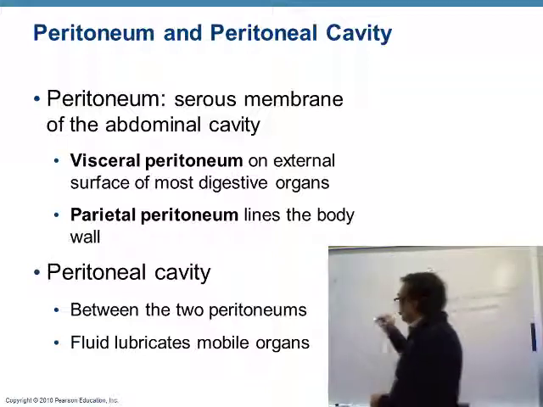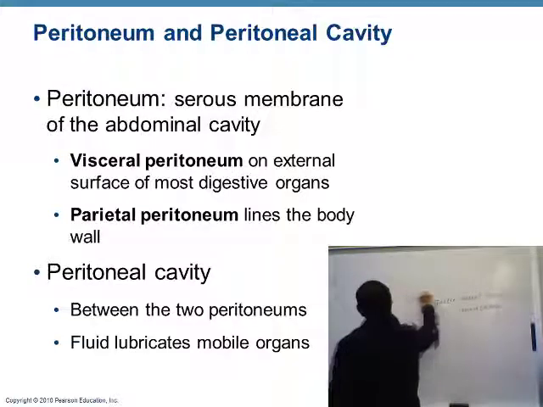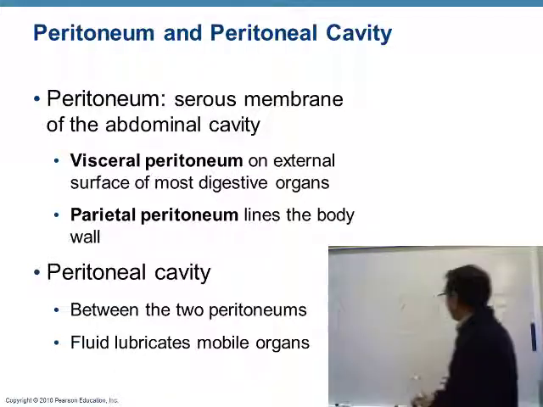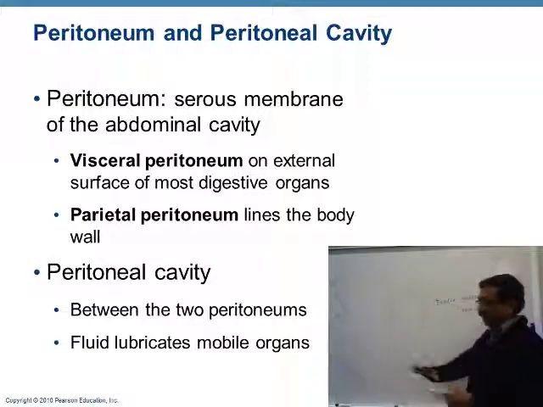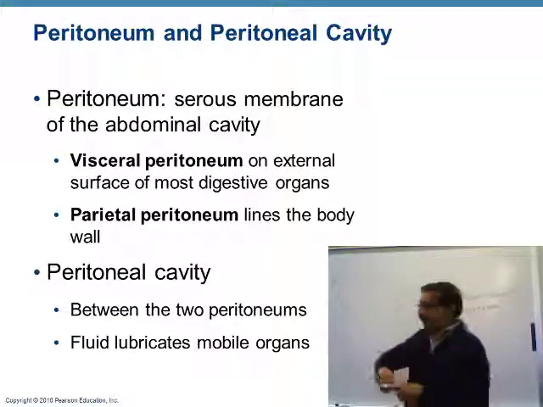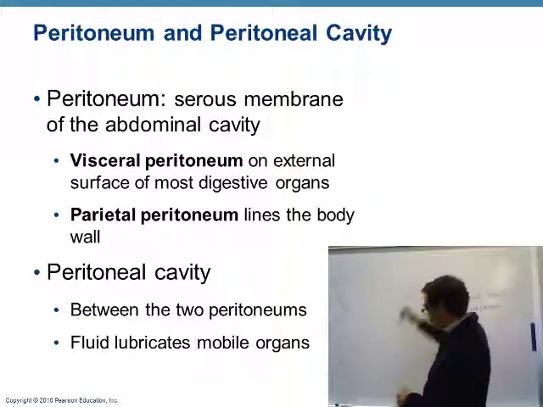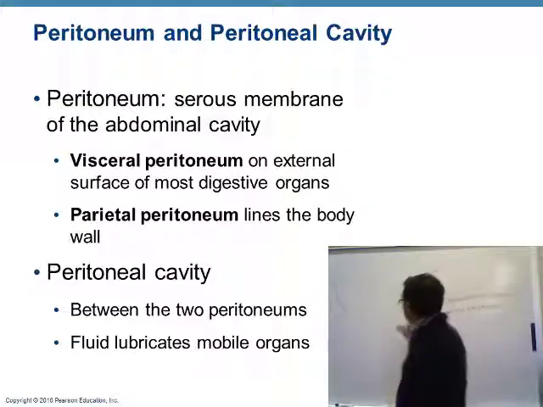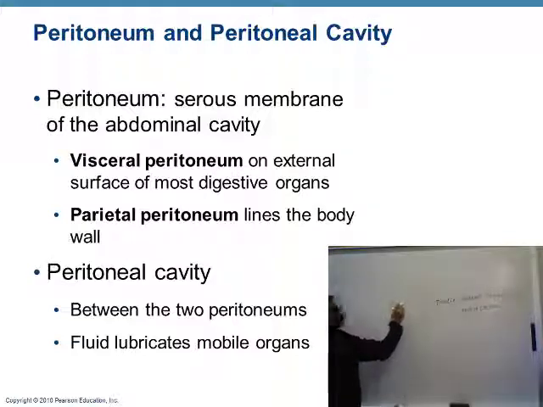Now, if you see inside the abdominal cavity, if I make a cross section this way, this is the abdominal cavity, this is the wall, body wall. Okay? So you have 2 layers in peritoneum.